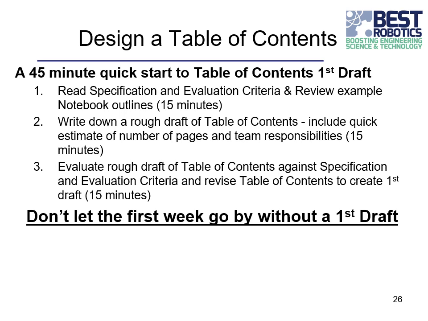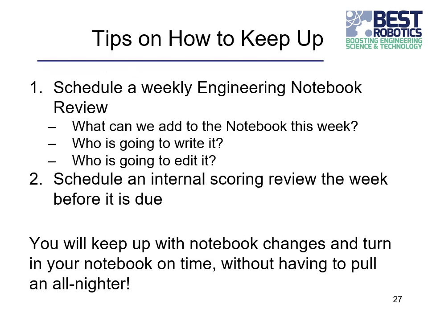And then go back and look at your rough draft, kind of test it against the specification and see if everything's in there. And I highly recommend you don't let the first week go by without having a first draft of your table of contents.